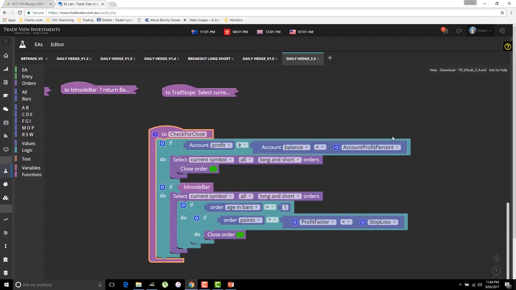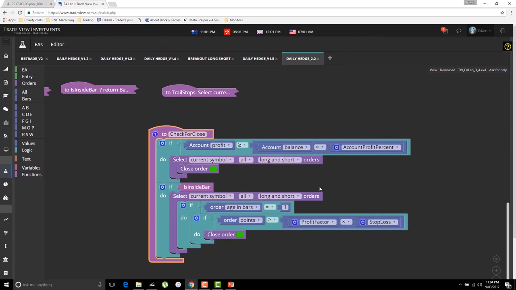What we're doing here is we've put the account profit in. We're saying if the account profit is greater than the account balance times a profit percent, so times 0.01, 0.02 for 1%, 2%, etc. It's a variable, we can change it later. If we get a big move and it's higher than whatever factor we put in here, we'll close the orders straight away.